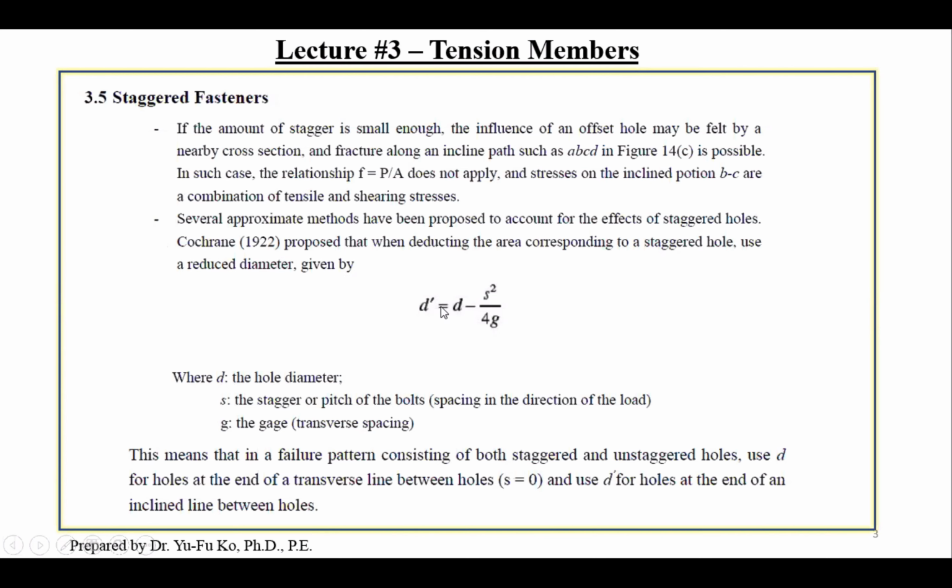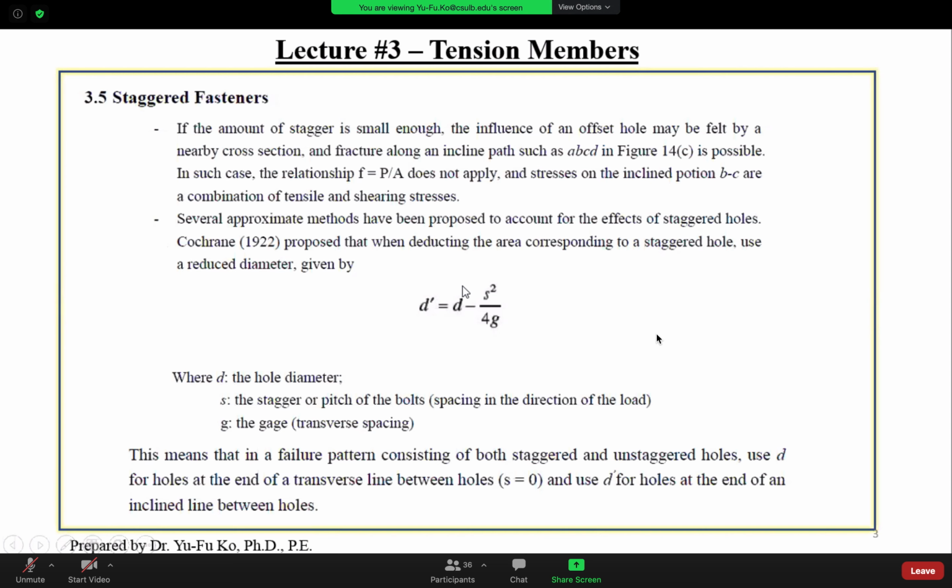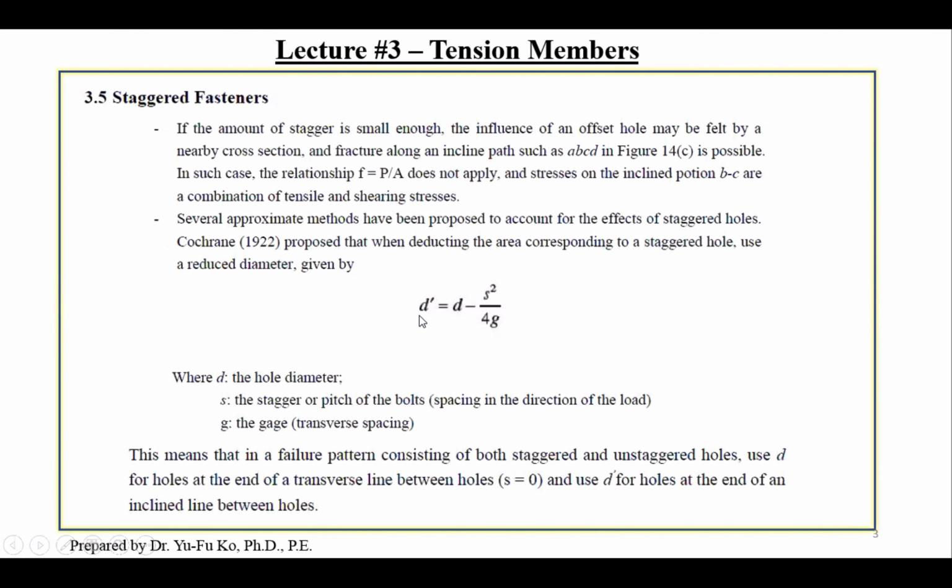Whenever your hole is on a stagger line, you reduce the diameter by s squared divided by 4g, to become d prime. So d prime equals d, the original hole diameter, minus s squared divided by 4g. This d prime is what we call the reduced diameter when the hole is staggered.